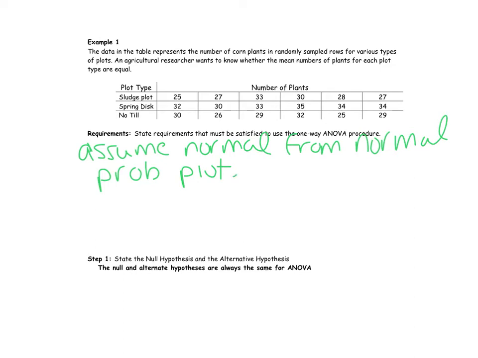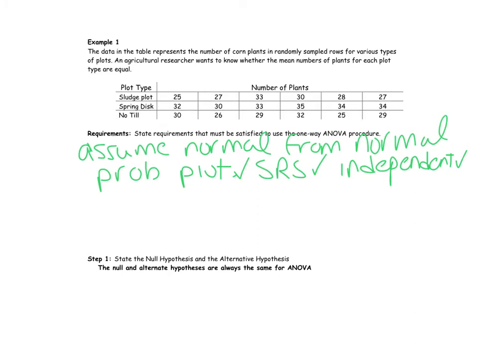Simple random sample. And then the rows are randomly sampled, and that also implies that the sampling method is independent.